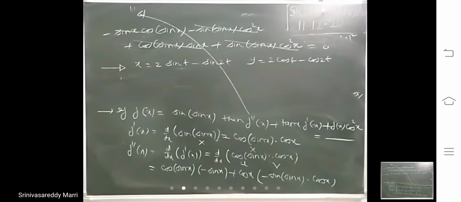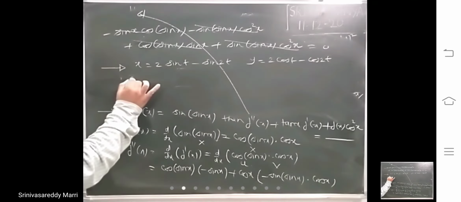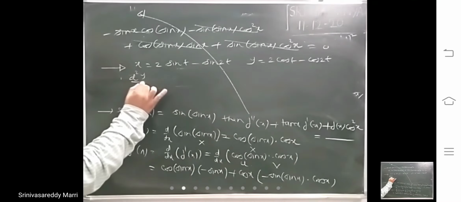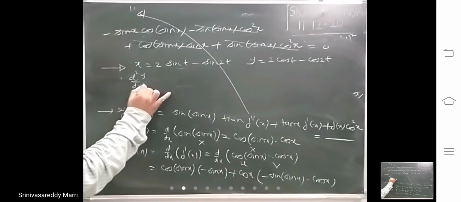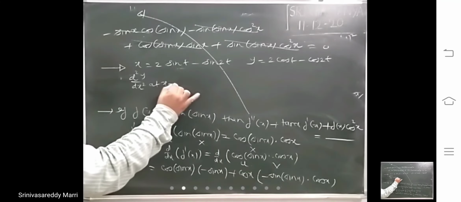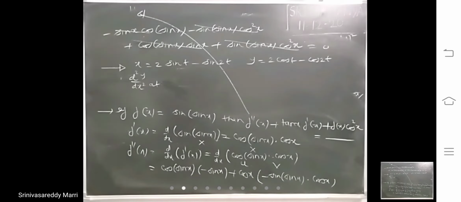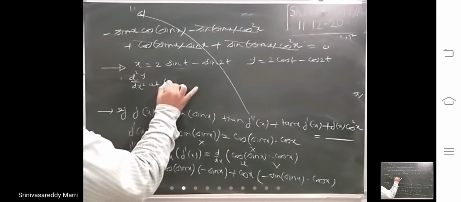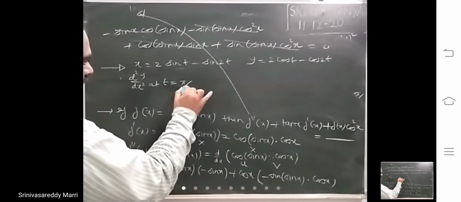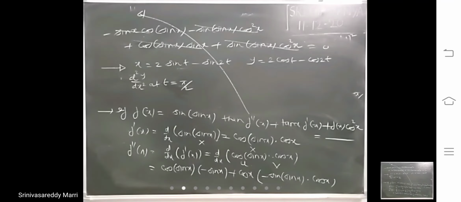Look at x equal to this, y equal to this given. Now you have to calculate d square y by dx square at t equal to pi by 2.